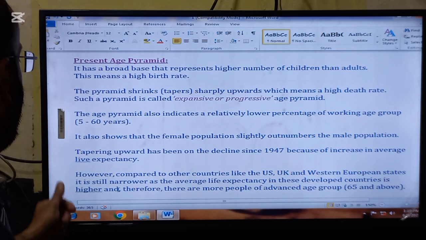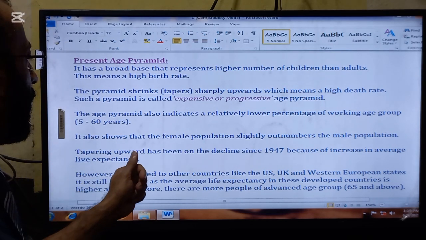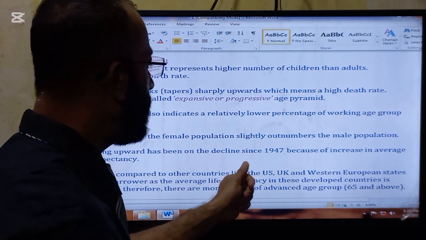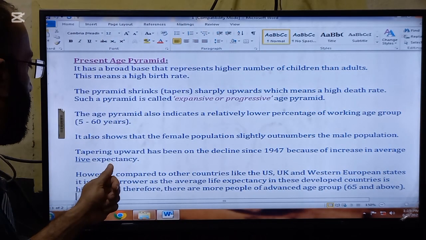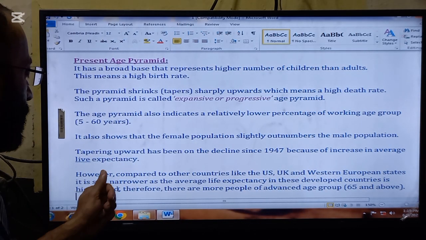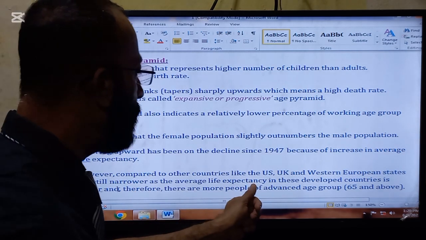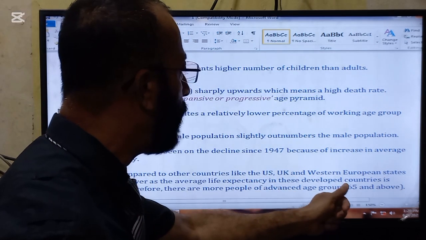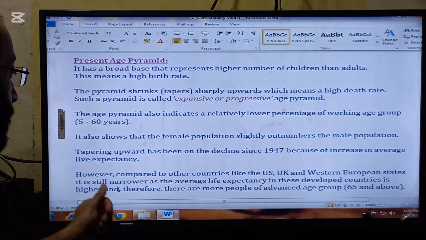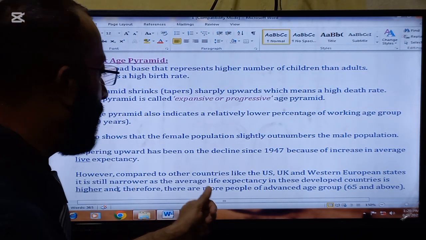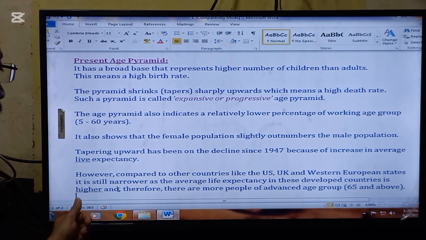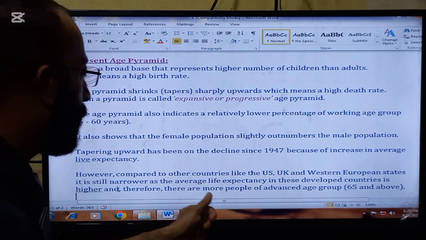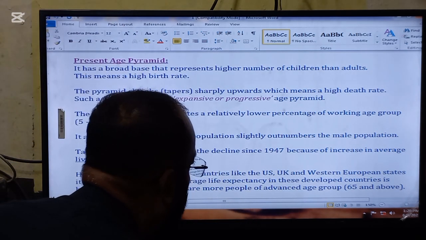Okay, next, the tapering upward has been on the decline since 1947 because of the increase in the average life expectancy. However, compared to other countries like the US, UK, and Western European states, it is still narrower as the average life expectancy in these developed countries is higher, and therefore there are more people of the advanced age group.